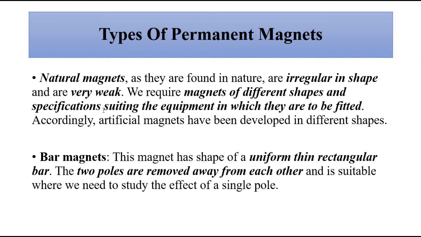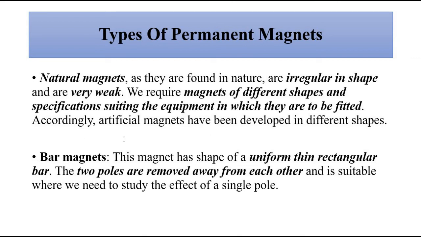They are found in natural form in nature, are irregular in shape and have very weak magnetic characteristics. Natural permanent magnets are not used in the design of electrical machines, whereas artificial permanent magnets are used.